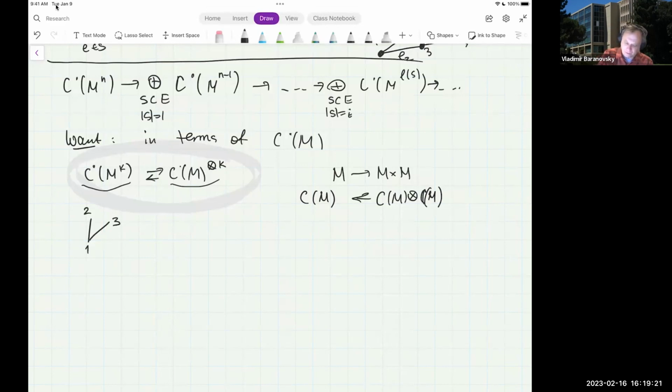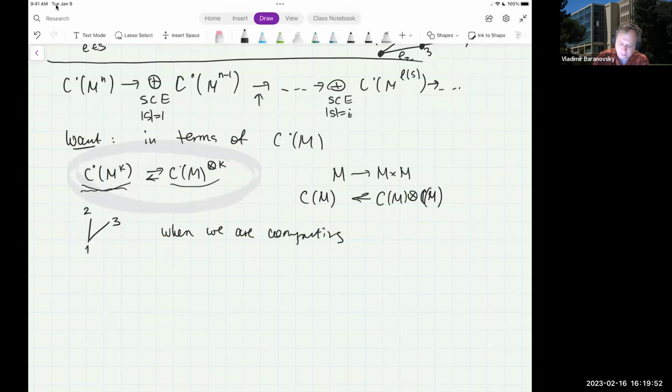On the left-hand side, this works perfectly fine. But if we try to replace by tensor powers of cochains on M, we see that these arrows in our complex are built out of multiplications of cochains.